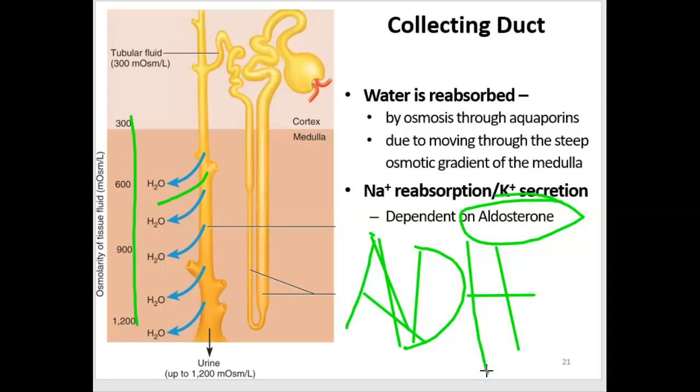ADH is antidiuretic hormone, and antidiuretic hormone just promotes the number of aquaporins that are present in the tubule. So there'll be another aquaporin, another one put in, and so it just promotes water reabsorption.